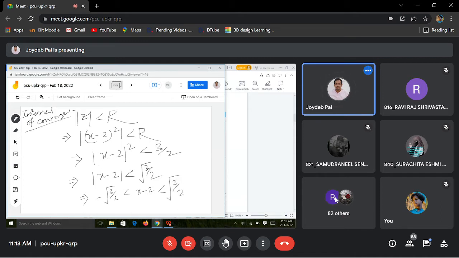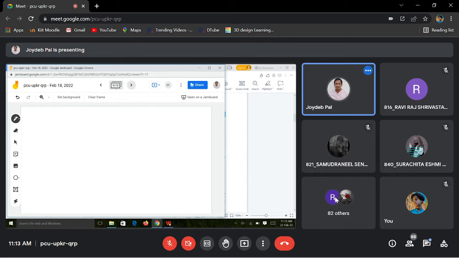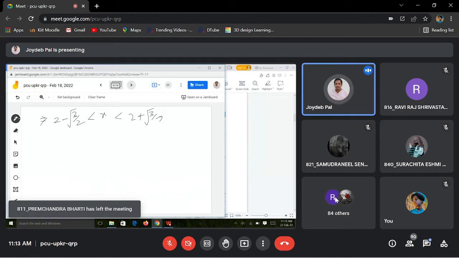Now move that 2 to left and right, then it becomes 2 minus root 3 by 2 less than x less than 2 plus root 3 by 2. That is the final answer. That is the interval of convergence.